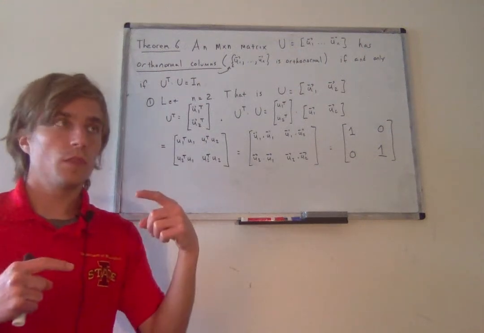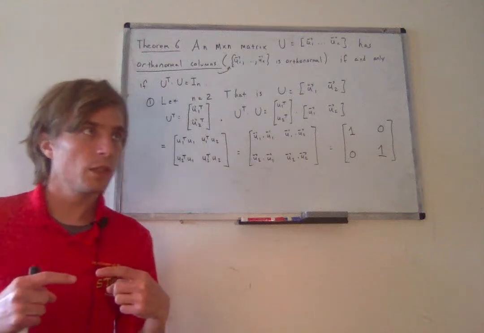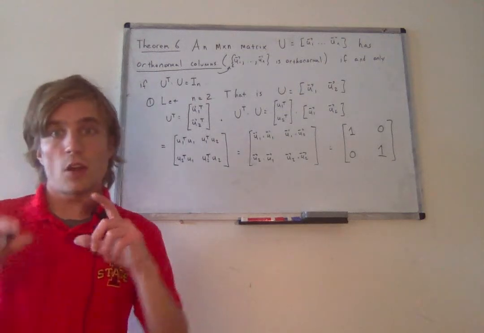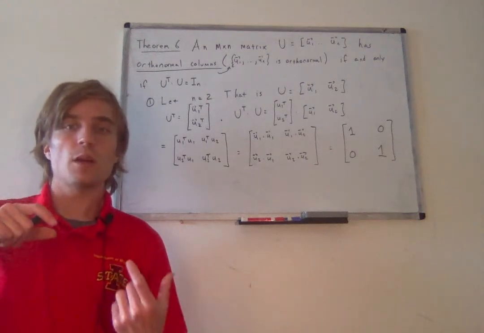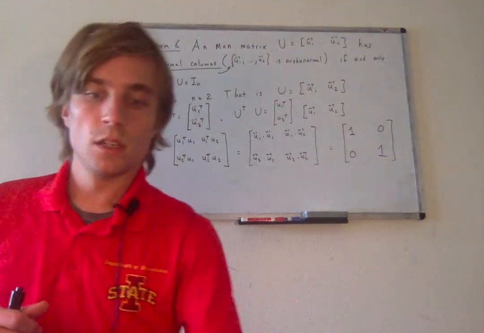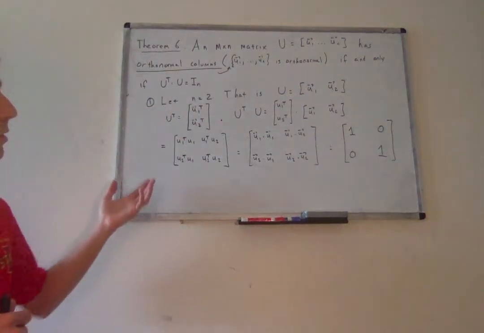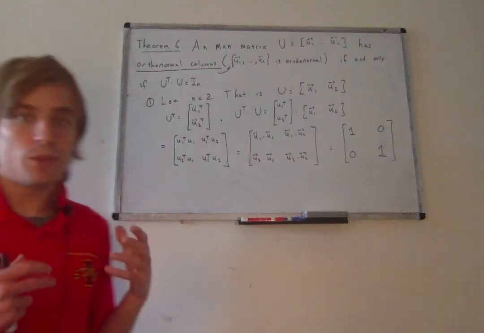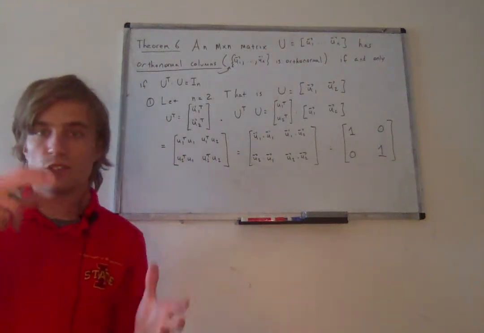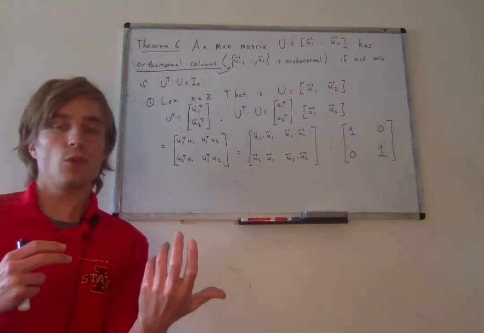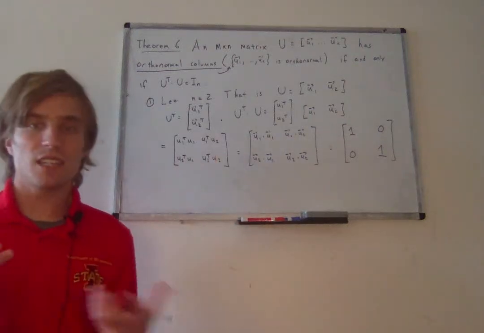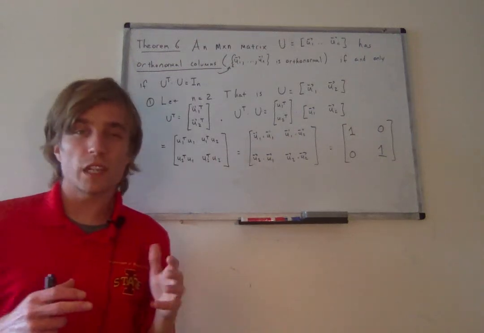And every time the same indexed column and rows match up, you get a 1. And that always happens on the diagonal. So, very nice, right? We get this cool thing that we can have this non-square matrix that, if it has orthonormal columns, all we need to do is multiply it by its transpose, and we get this nice, almost inverse looking thing.